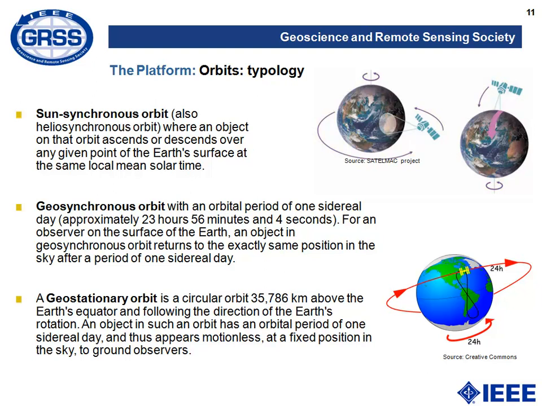located at 36,000 kilometers above the Earth's equator, following the direction of the Earth's rotation. This sort of orbit is especially used for telecommunications or meteorological purposes.